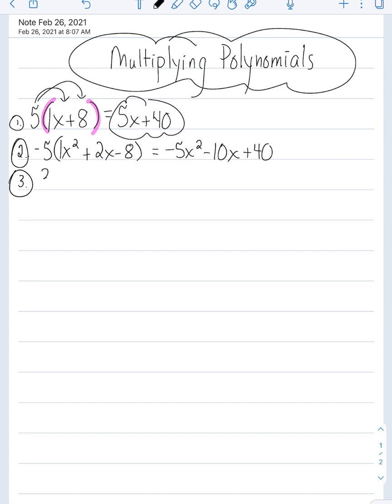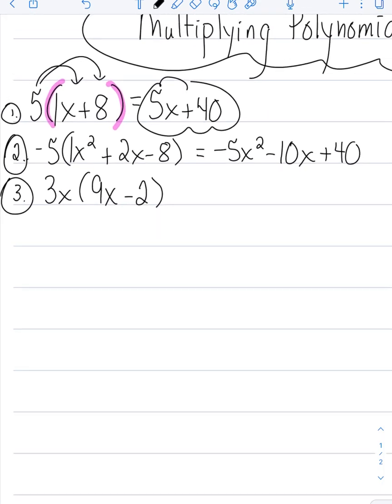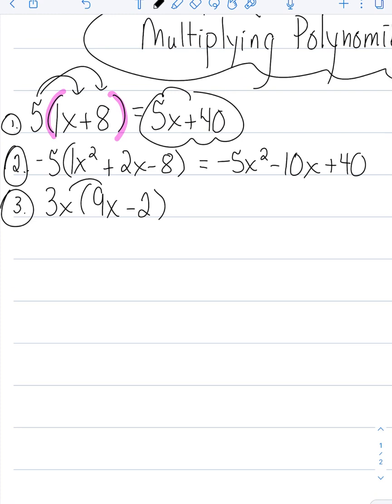Now let's take a look at something that looks a little bit different than what we've done before with the distributive property. So now I want you to notice I have a variable outside of the parenthesis. Well, we still do our numbers or our coefficients as normal. So I'm going to say 3x times 9x, 3 times 9 is 27, but when you're multiplying variables, you add the exponents.